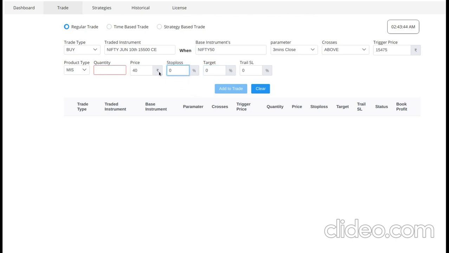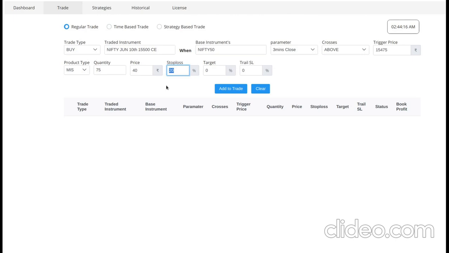Okay, so for example, if you're buying at 40 rupees and you want to keep a stop loss of 20 percent, that means 4 into 2, it is 8 points. So whenever the initial buy order gets completed, a stop loss market order is placed at a trigger price of 32 rupees.